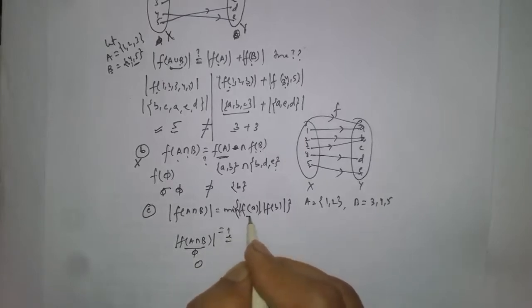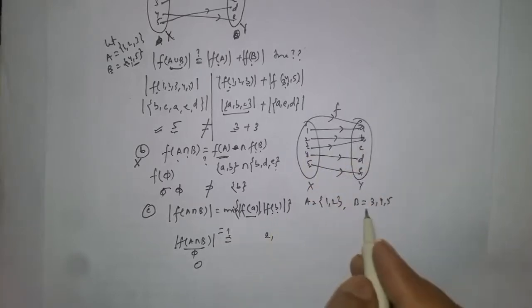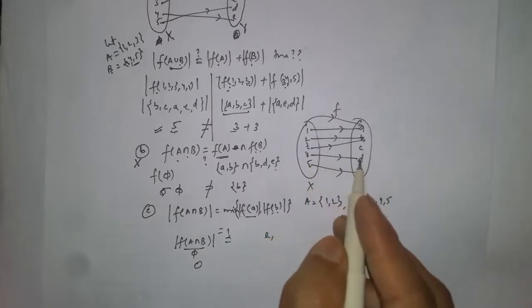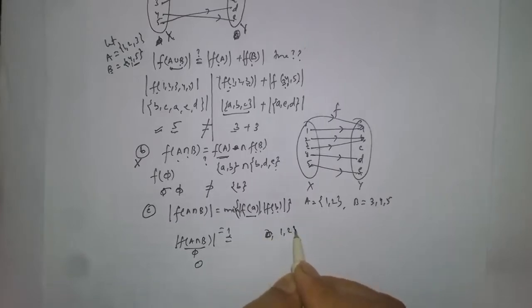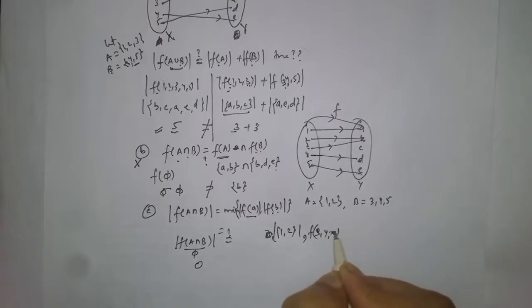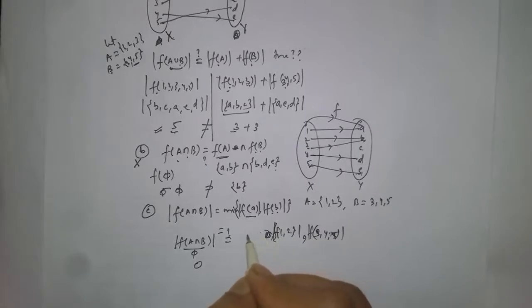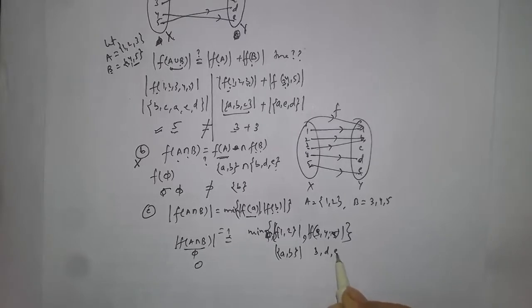Now f(A), that is f({1, 2}), is {a, b}, and f(B), that is f({3, 4, 5}): 3 is b, 4 is d, 5 is e, so {b, d, e}.